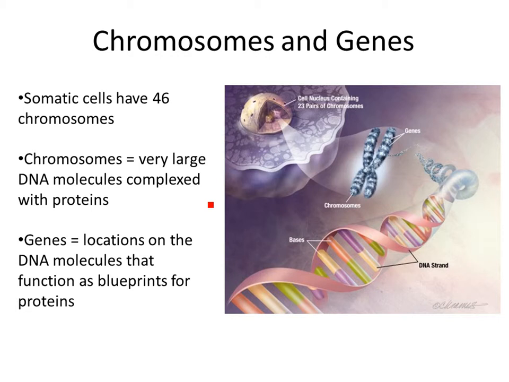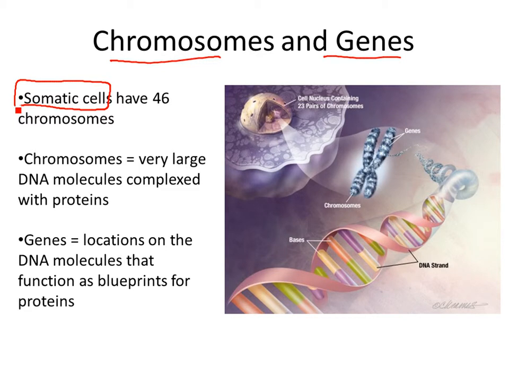Before we talk about this meiosis process, we need to do a quick overview again of chromosomes and genes and what those are. The cells that make up your body are often referred to as somatic cells. You may run across that term in your textbook. Somatic cells are your typical body cells. Your red blood cells are an exception, because they punt out their chromosomes before they mature.